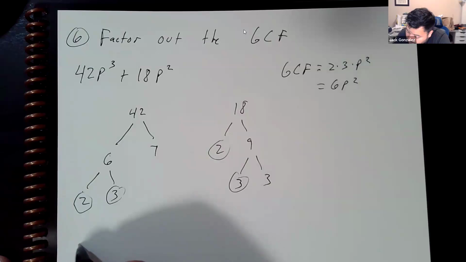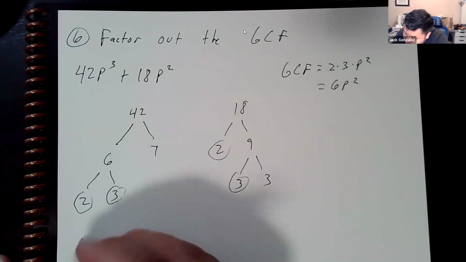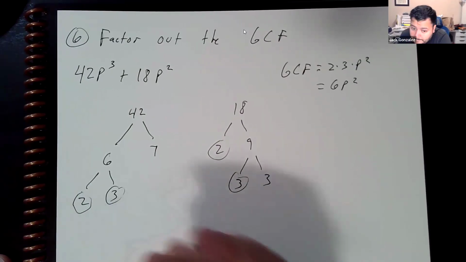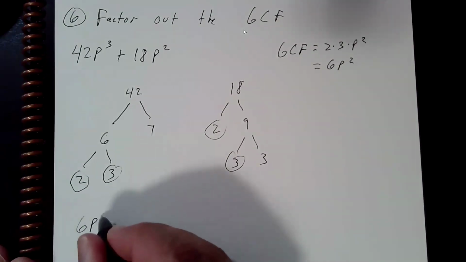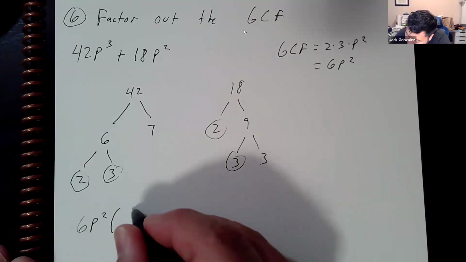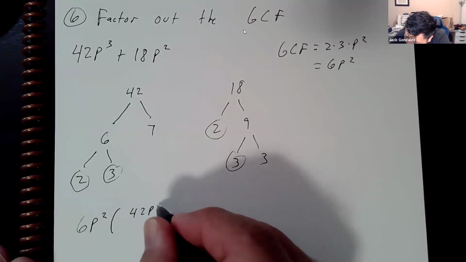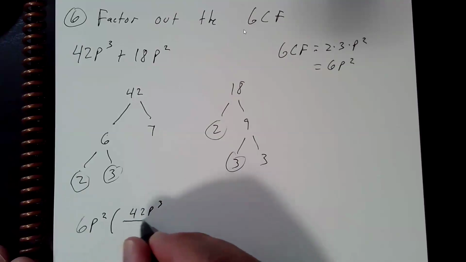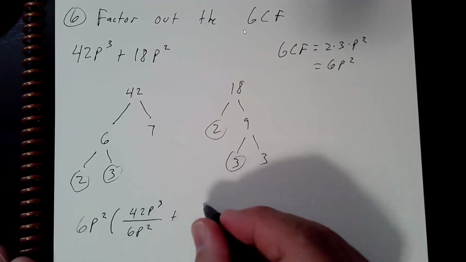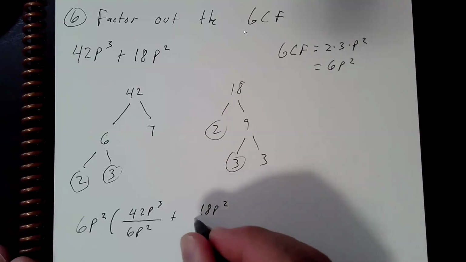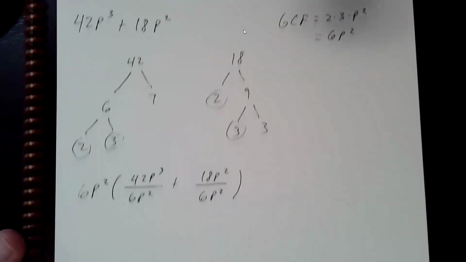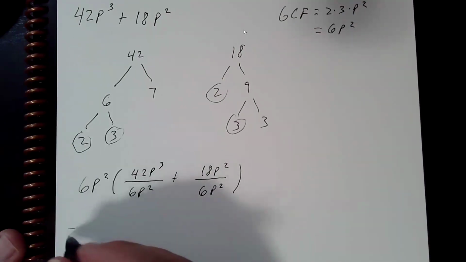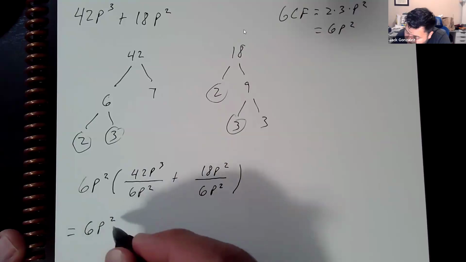So pull out 6p squared from the entire thing. So that's as if you're dividing everything by 6p squared. What does this become?